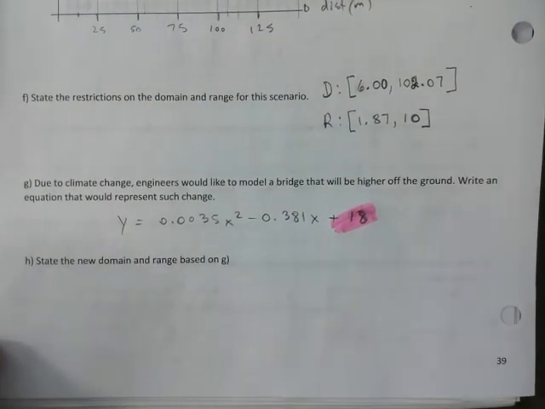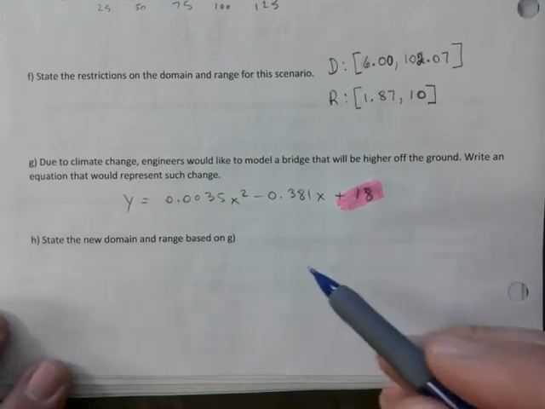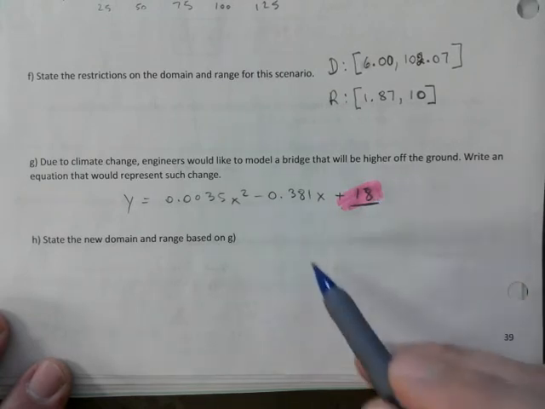State the new domain range based on G. How would you do this? Well, if you base it on this, so we all went with 18, obviously.